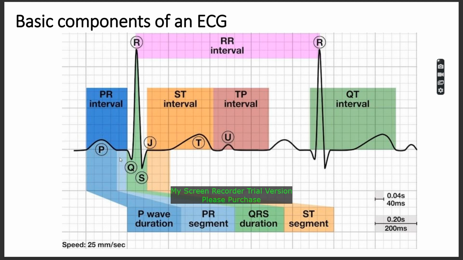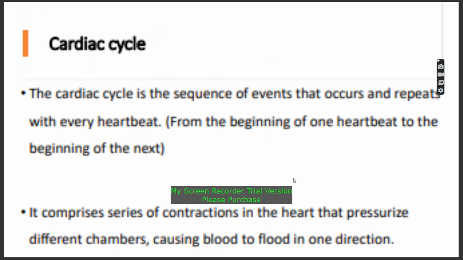Meanwhile atrial repolarization takes place, but because of the high force of ventricular depolarization, the atrial signal is weak and gets hidden in the QRS complex, right? Then the ST segment shows ventricular repolarization. So this is the QT interval. Yeah, that is it, right?